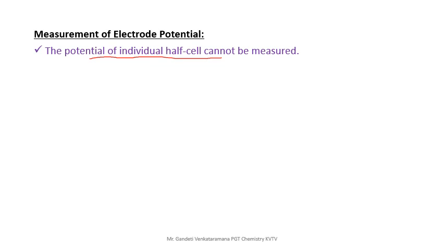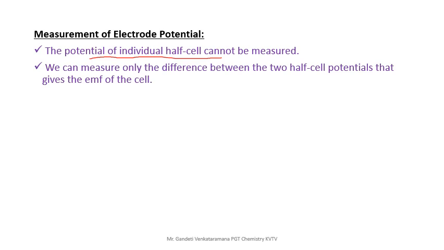We can measure only the difference between the two half cell potentials, which gives the EMF of the cell. So what can you measure? Only the difference between the two half cell potentials. We have two half cells, the oxidation half cell and the reduction half cell. Clear? Because a cell is a combination of two half cells, by using the setup we can measure the difference only.